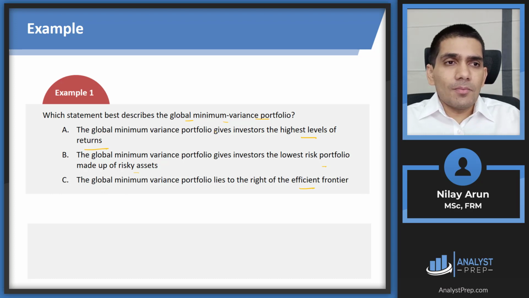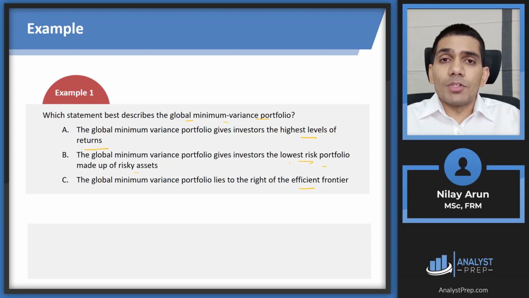Now, for A, it gives the investors the highest level of returns. We didn't talk about the returns at all. We were always talking about the risk aspect because we're talking about variance. So the minimum variance portfolio reflects the risk part rather than the return part. So A cannot be the answer. B, the global minimum variance portfolio gives investors the lowest risk portfolio made up of risky assets.